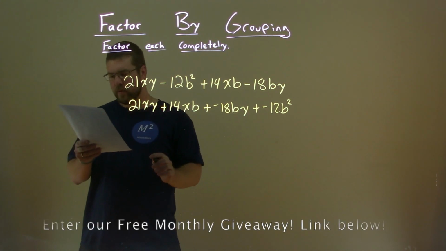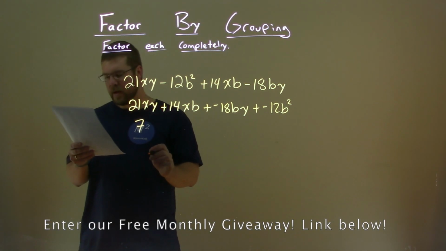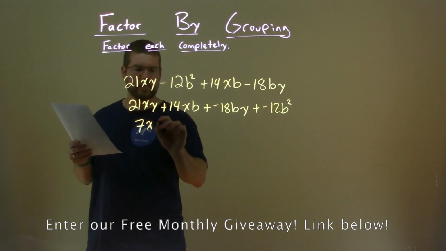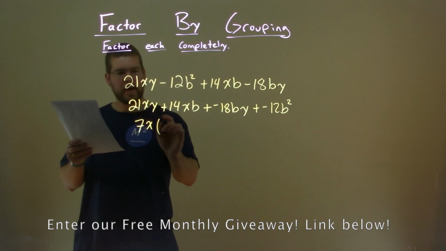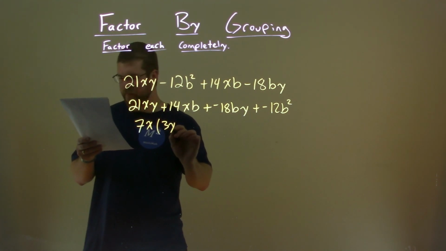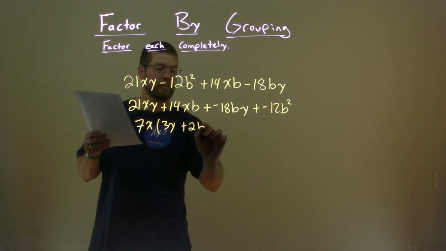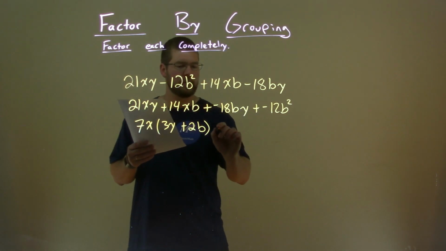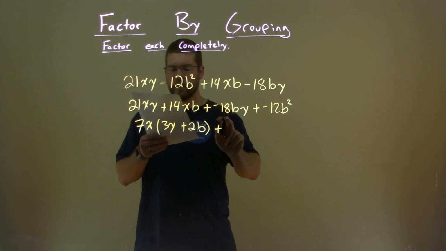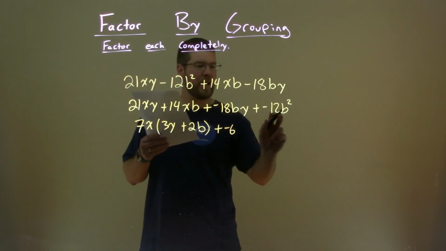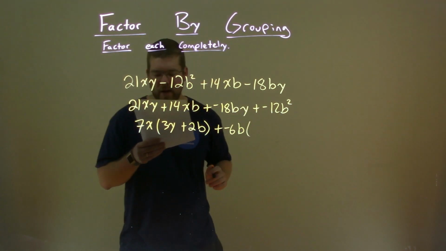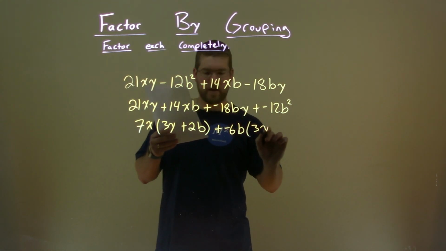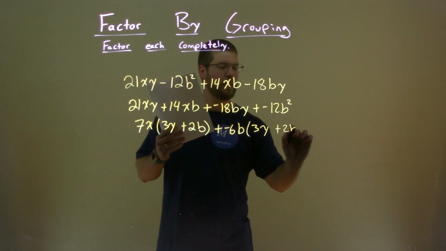So now we want to pull something out here. 21 and 14 both have a 7 in it. They also both have an x, since xy and xb have an x in them. So from there, if I pull that out, I'm left with a 3y plus a 2b. I'm now going to do the same thing with the second two terms. They both have a negative 6 in them, and they both have a b in them. If I pull out a negative 6b from both of these parts, I'm left with a 3y plus 2b.